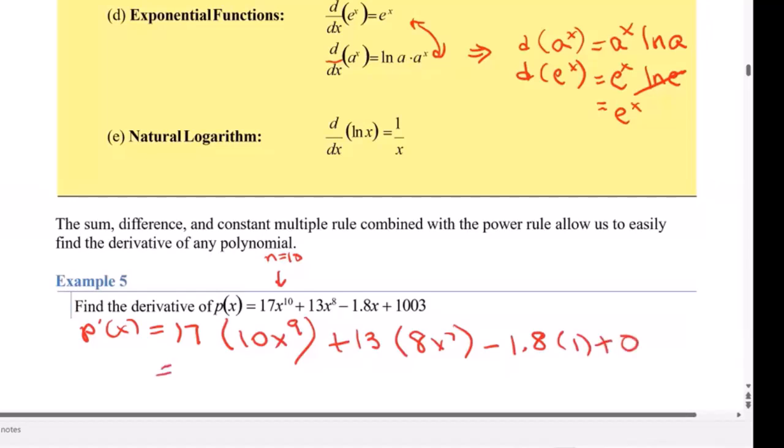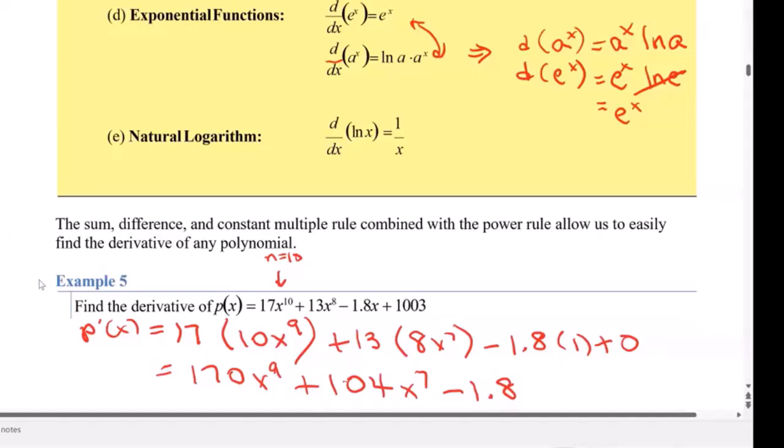So let's put this all together. We have 170 x to the 9th power plus 104 x to the 7th power minus 1.8. And that's it.